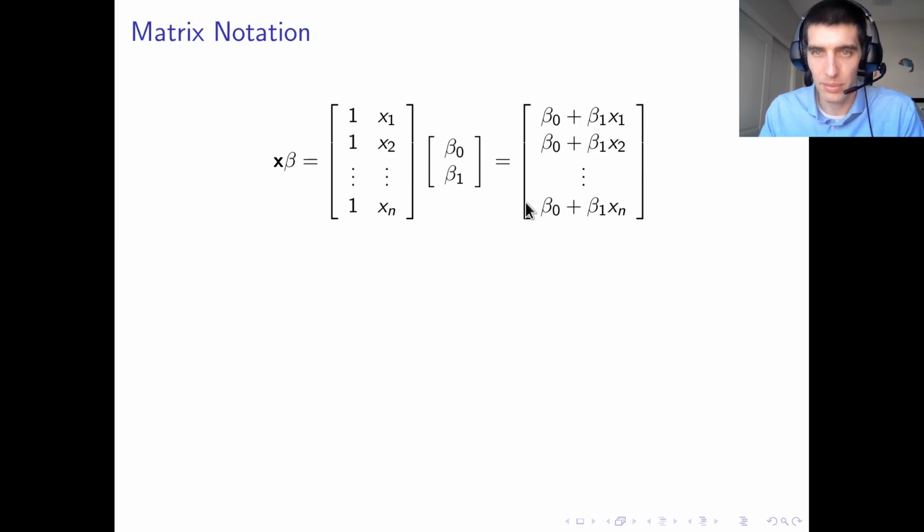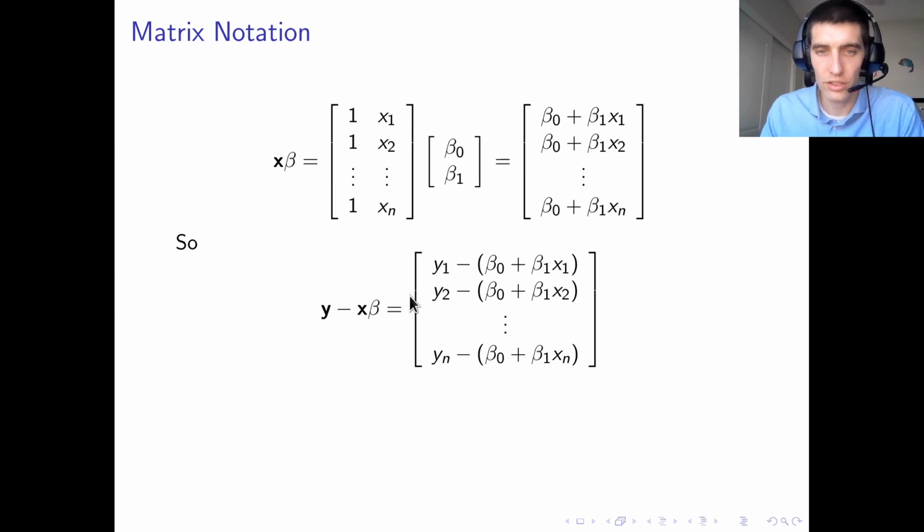Okay, so X beta, we've just expanded this out. I did this on the previous slide, but I'm just writing it out more prettily here on my slides. And so y minus X beta, this is again that vector y from the previous slide. I have a vector of y's minus X beta, so y minus this term here, I get this.